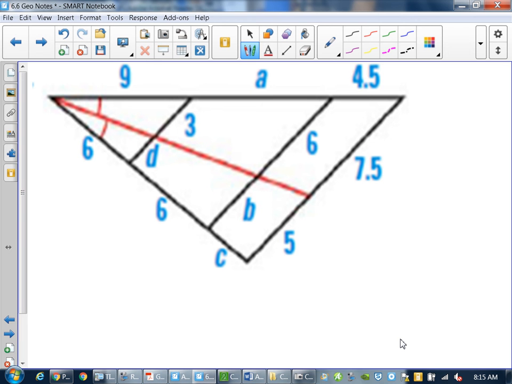Is everybody okay with me saying that there are 3 triangles created by that angle bisector? Yeah. So we'll try to figure out ways to solve for each part as we go, as we get larger and larger.